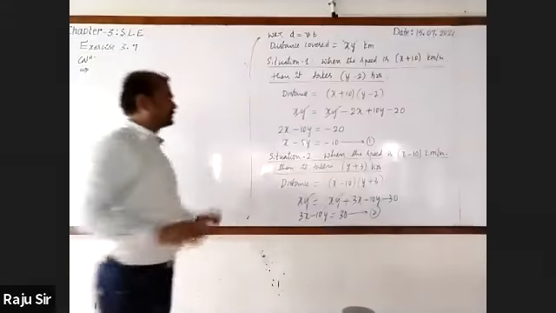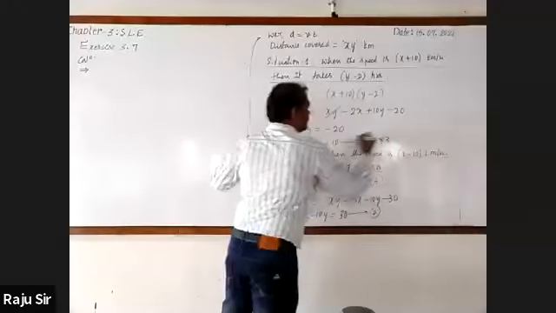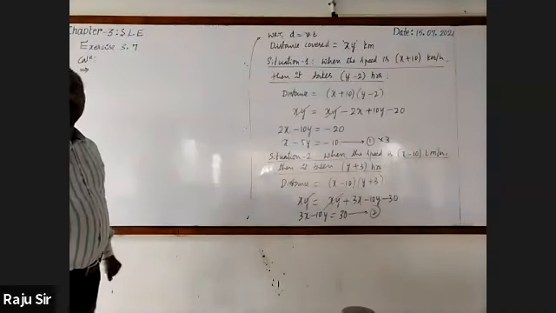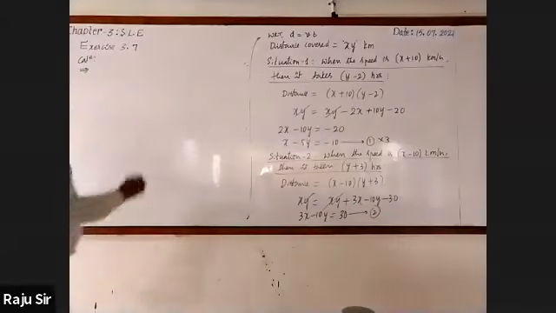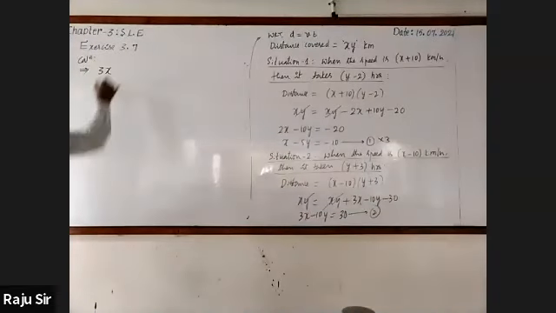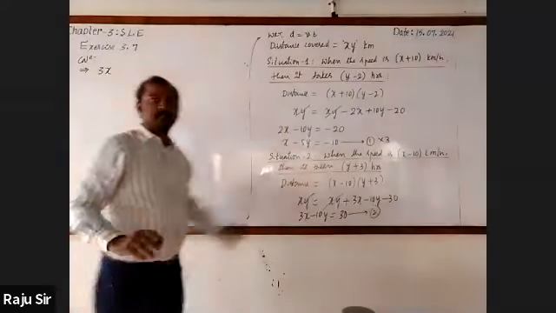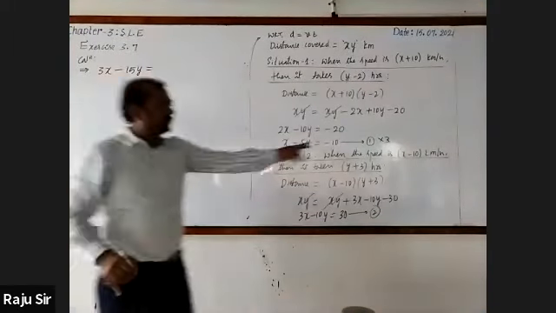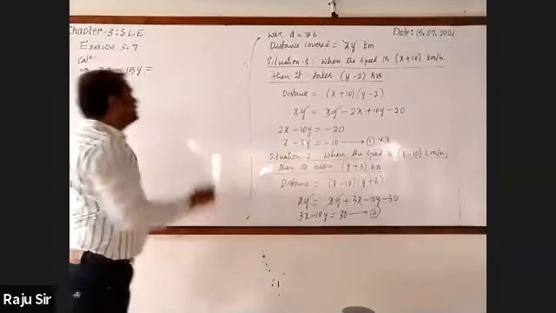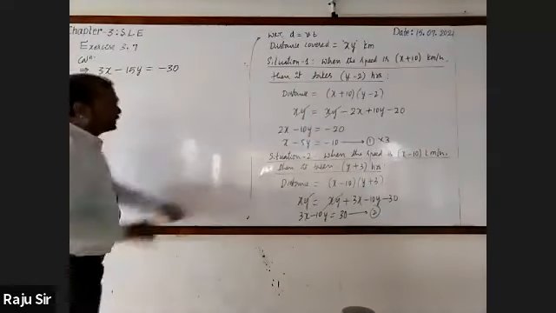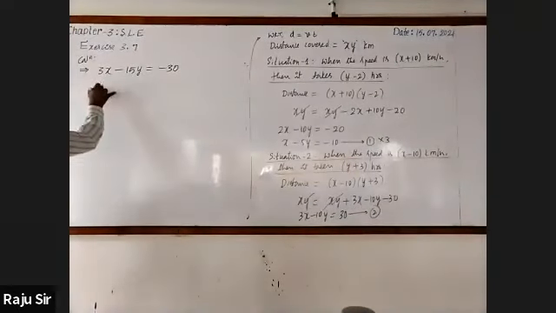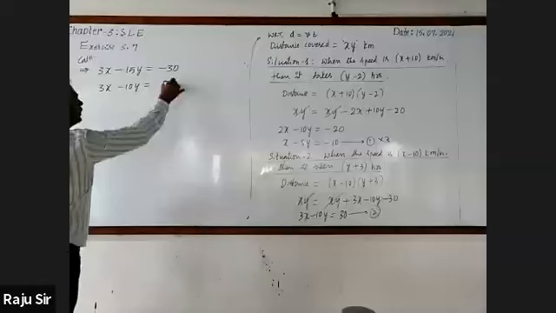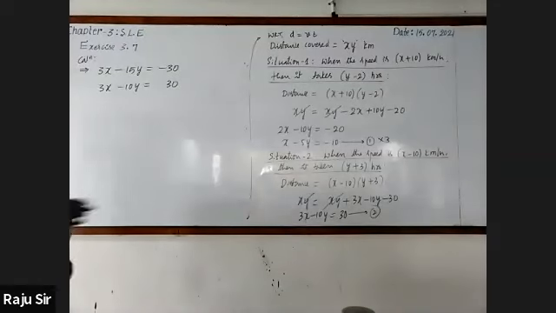Yes, sir. Equation 1 multiply by 3. Here 3 into x, 3x. Then 3 into minus 5y is minus 15y, which is equal to 3 into minus 10, minus 30. Let me write the second equation. This is 3x minus 10y is equal to 30.